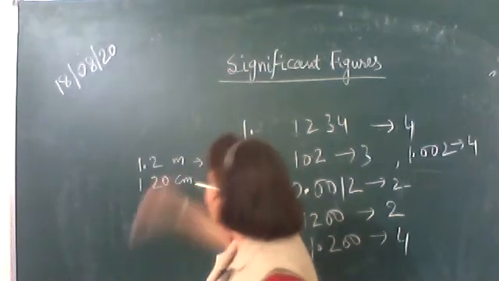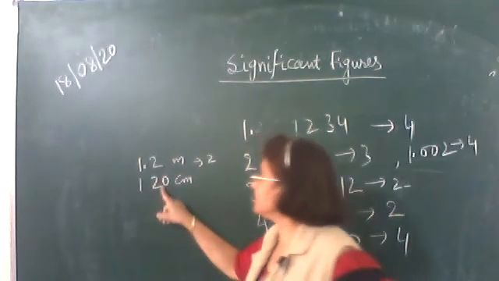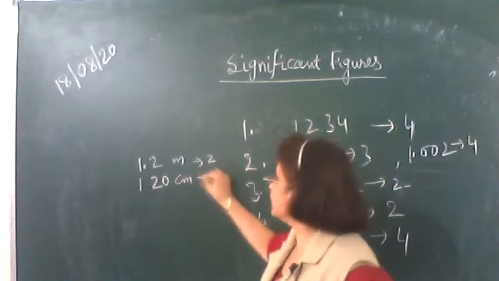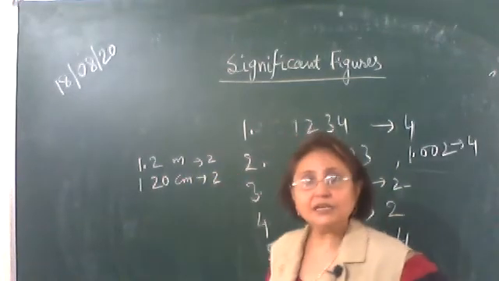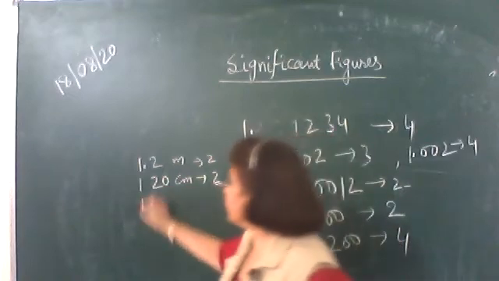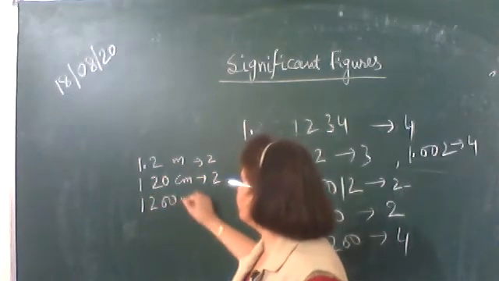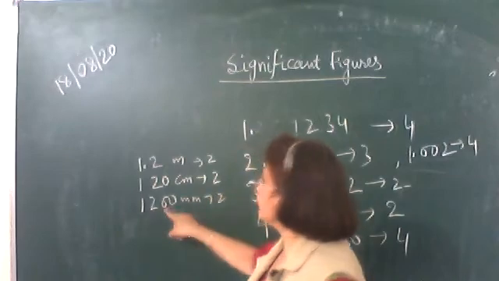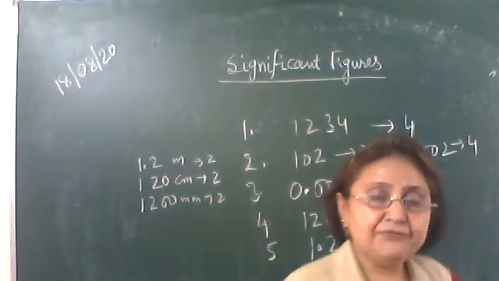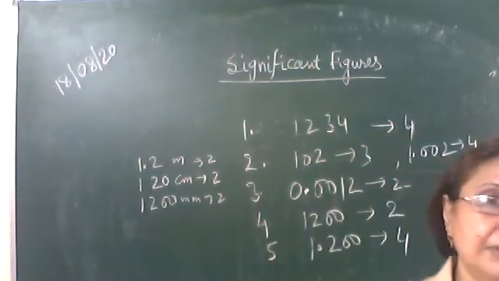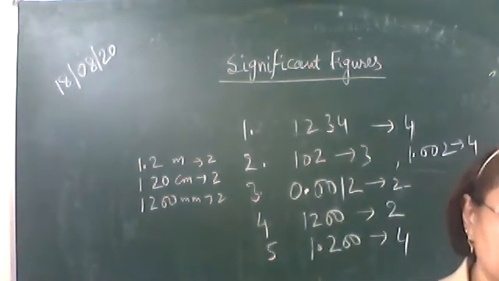So this becomes 120. As there is no decimal, the last zero will be considered insignificant, so the number of significant figures is again 2. You may convert it into millimeters, 1200 millimeters. Again, the number of significant figures here is 2. So in whichever system you take, the number of significant figures will remain the same.